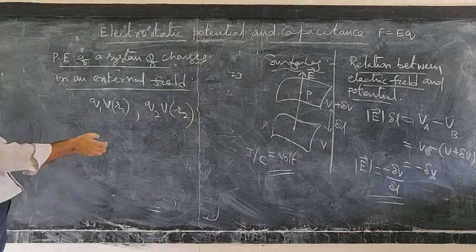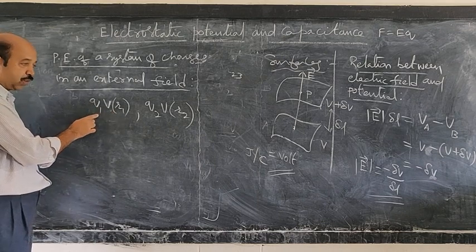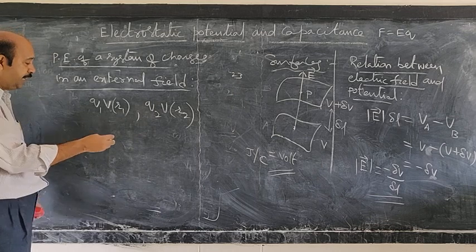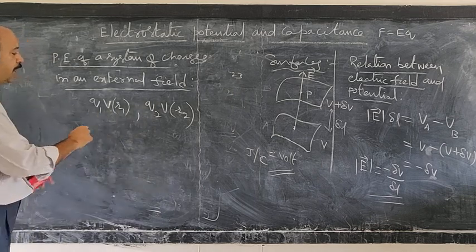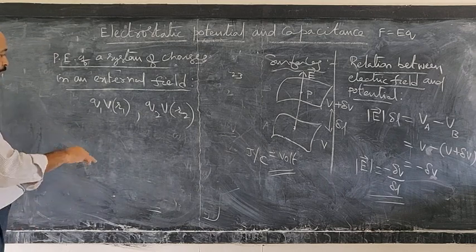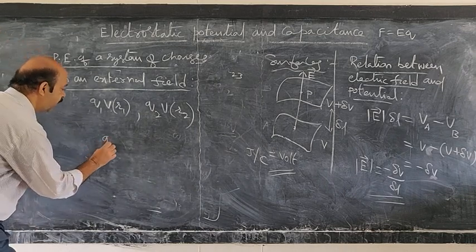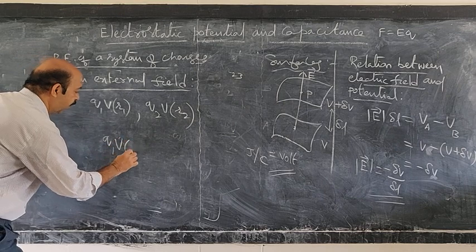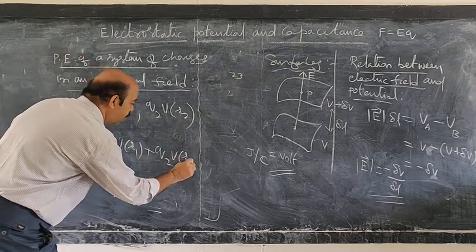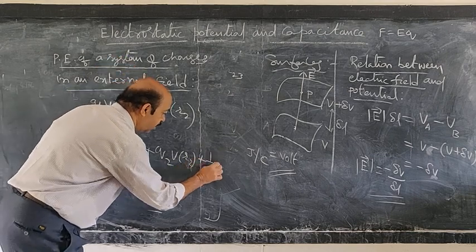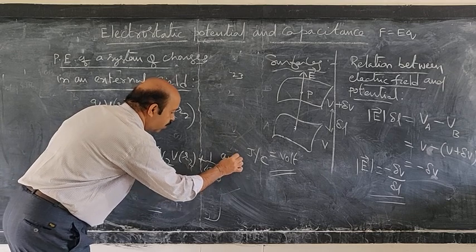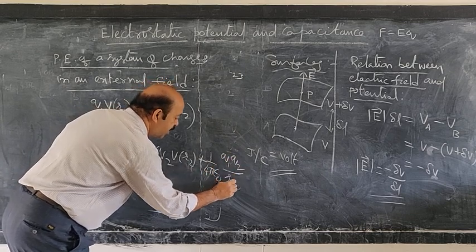Therefore, this is the work done to bring the charge Q1 and this is the work done to bring the charge Q2. In addition, these Q1 and Q2 are also separated by some distance. So therefore, the total potential energy will be like this: Q1 V of R1 plus Q2 V of R2 plus, since you assembled the two charges, Q1 Q2 by 4 pi epsilon naught times the separation between them.